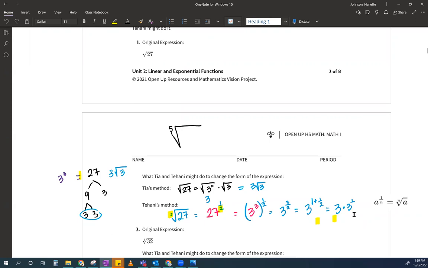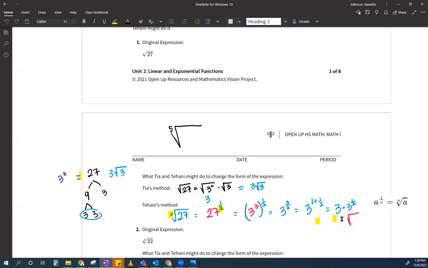And when I look at this 3 to the 1/2, I am now done. So I'm going back to radicals. So how would I write 3 to the 1/2 as a radical? Very good. Square root of 3.